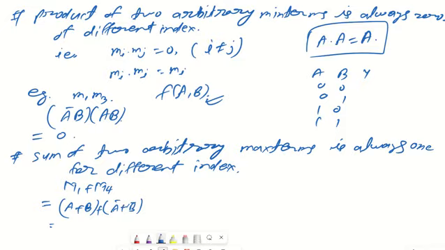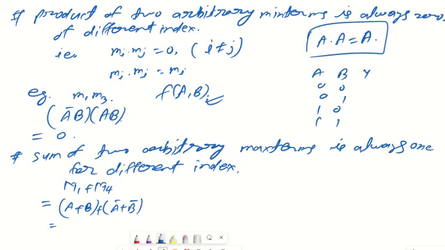So the summation of them is nothing but what will happen? a plus a bar is anyway 1, plus anything if it is there, that doesn't matter. M4 is nothing but 1 1, so it is going to be a bar plus b bar.